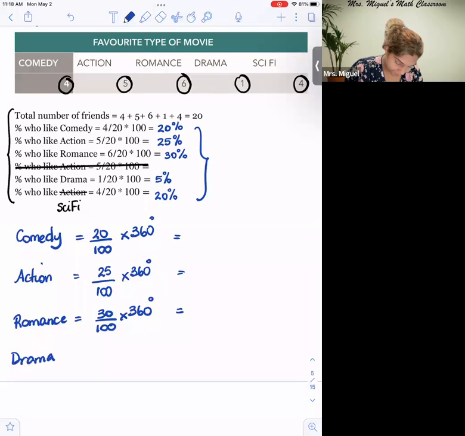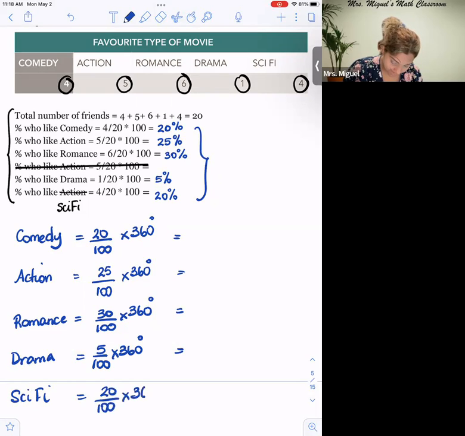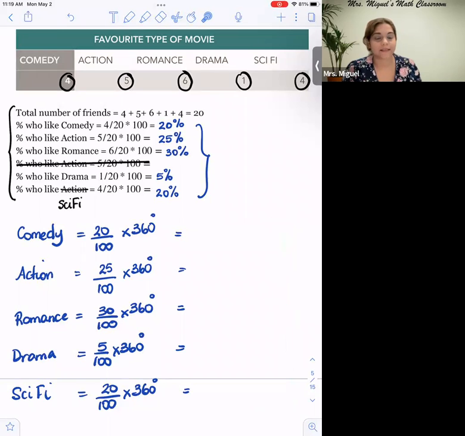Drama is not 1%, 5%. 5 over 100 by 360. And sci-fi, 20 over 100 by 360. All right, so when you find the sector angles, make sure that the sum of the sector angles is 360. So go ahead, work it out for yourselves.